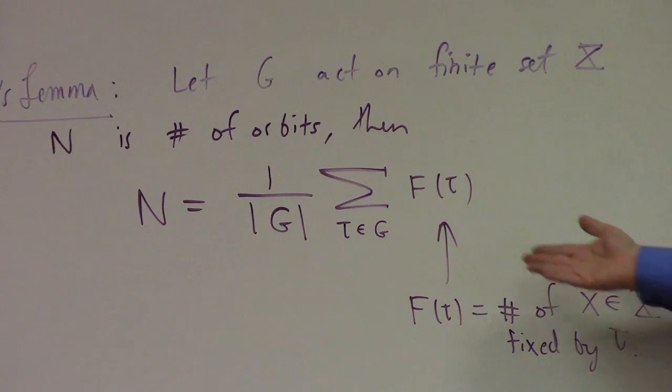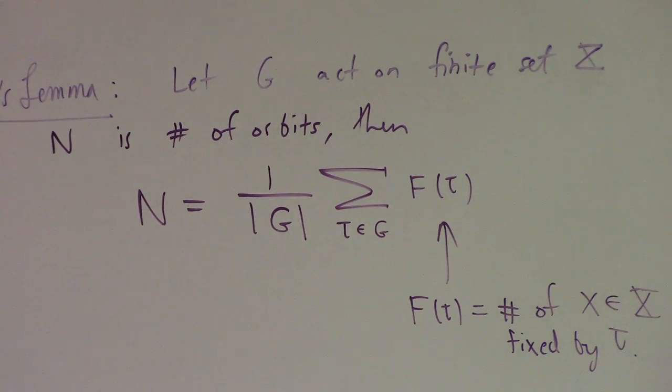But then he points out that the number of ones in the first column is the number of tau sub i which fix x1. Well, what does it mean for the group element to fix x1? That means it's in the stabilizer of x1.